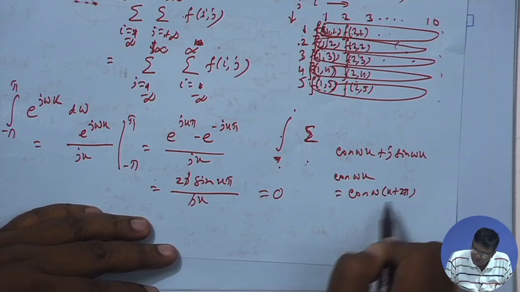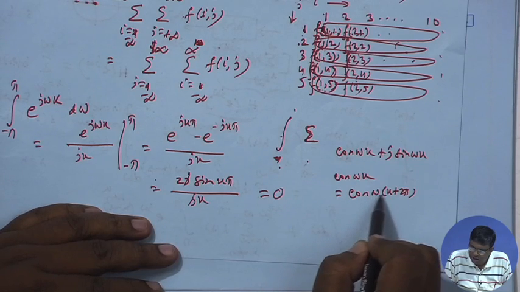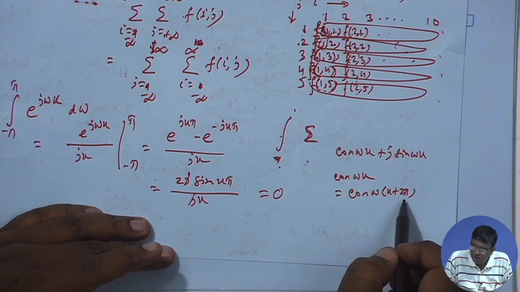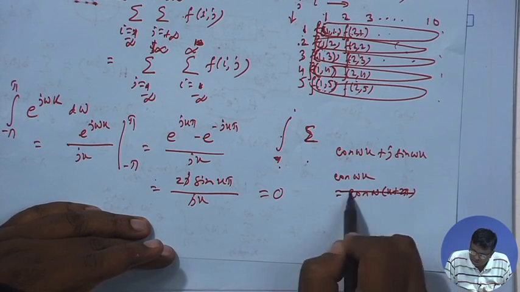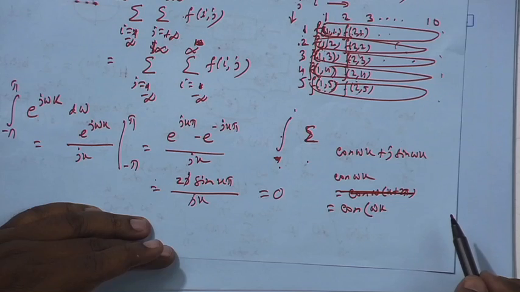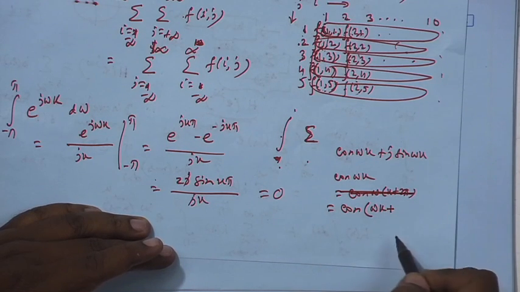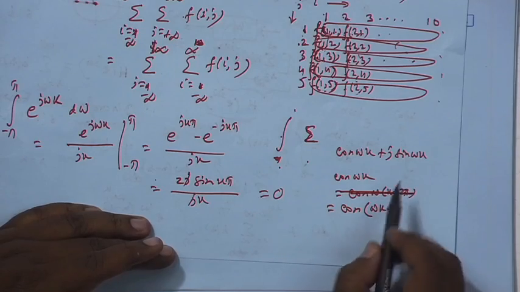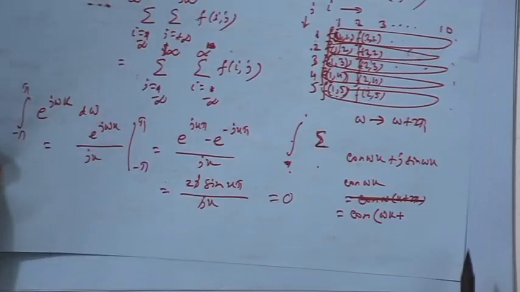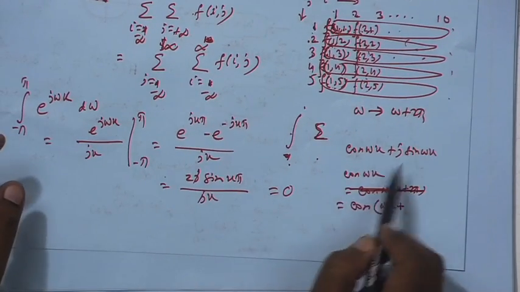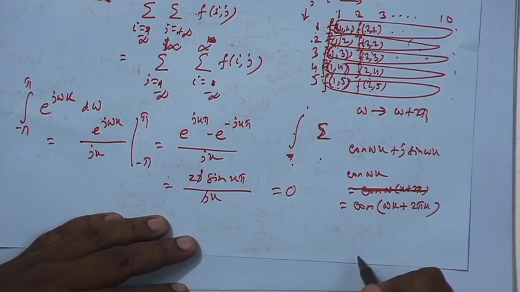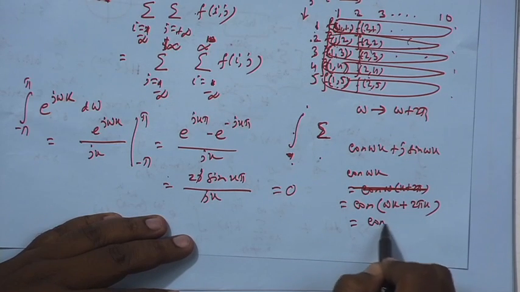If omega is moved to omega plus 2 pi, that is, omega changes by 2 pi, it will be omega k plus 2 pi k, but that is the same as cosine omega k.